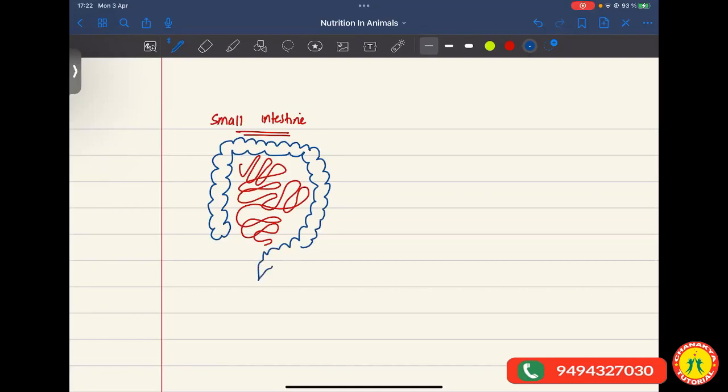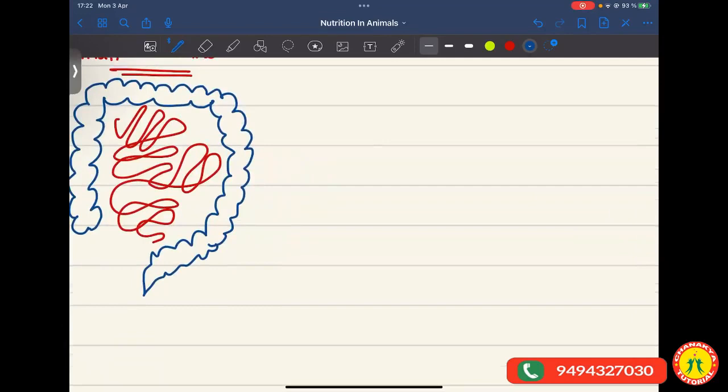So, how many meters do you think this small intestine is? Ma'am, 6.5 meters. 6.5 meters, I think. Okay. What about the next person? How much do you think is the length? Ma'am, 7 meters. Okay, actually both are pretty close. It is 7.5 meters.